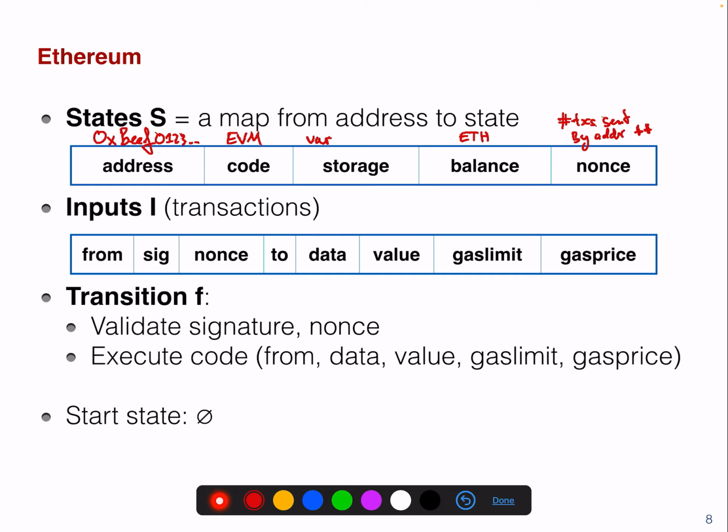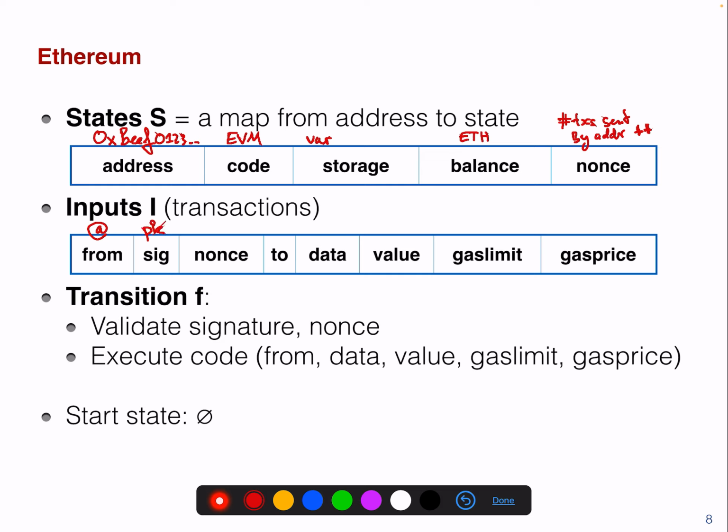On the input side, we have transactions. So the input modifies the state of this particular address, and the inputs specify an address from which this is sent. You have a signature, right? This is generated with your private key.